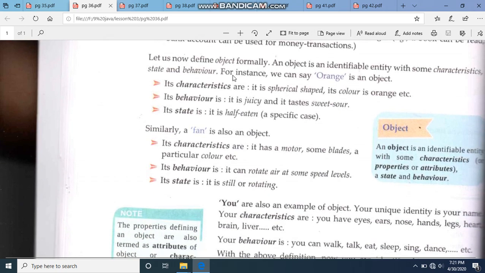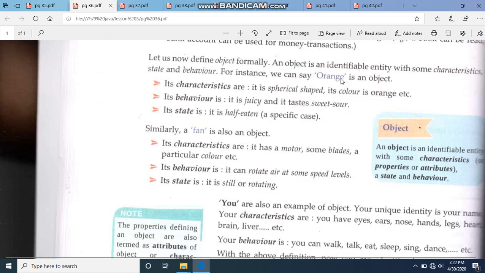So let us define an object formally. Now this is the definition. An object, underline this, is an identifiable entity with some characteristics, states and behavior. Mark this definition. You are going to learn this, and the question framed for this will be, what is an object?